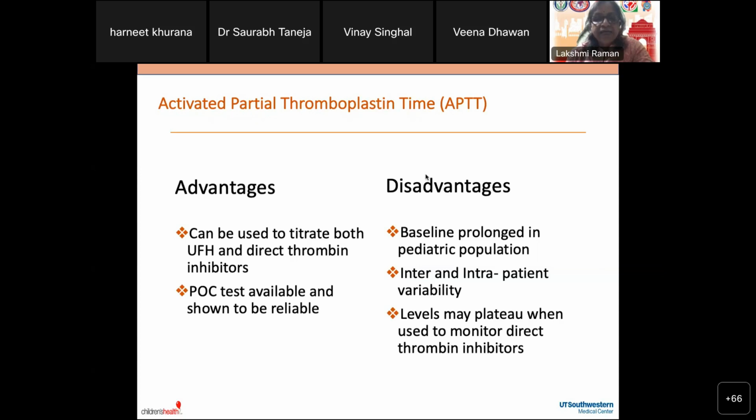Even when you're using direct thrombin inhibitors, one of the concerns of using APTT is that you can get what is called a plateau effect, which means you can be at a high direct thrombin inhibitor drug level, but your APTT is not going to change much. That is often a concern of using just APTT in monitoring your DTIs, and that is why more and more labs are now using dilute thrombin time to measure their direct thrombin inhibitors. Next slide.